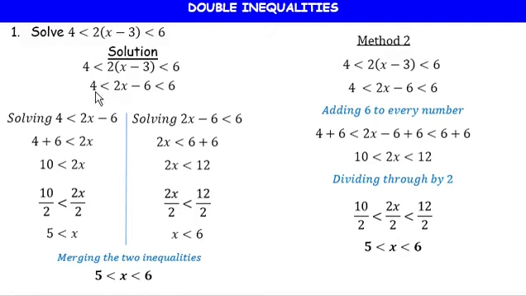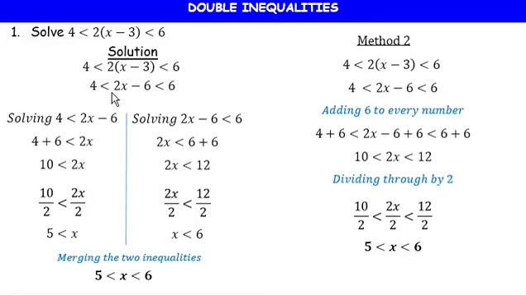We can have 4 is less than 2x minus 6 as one inequality, and 2x minus 6 is less than 6 as a separate inequality. But in both cases we have to make sure that the variable is present. The variable must be present.